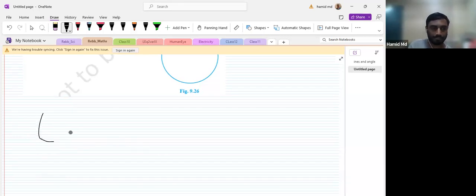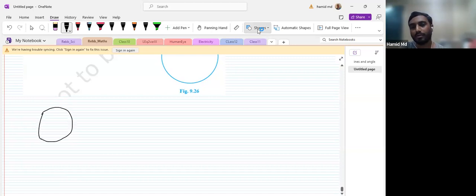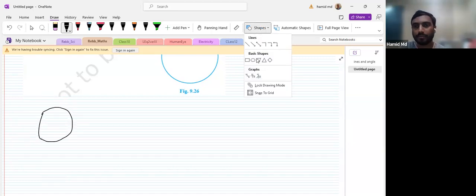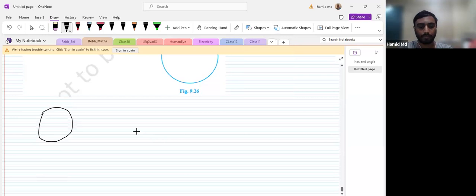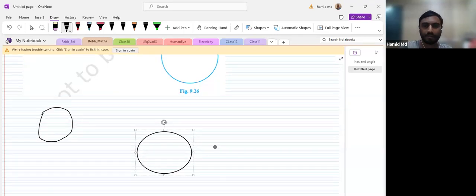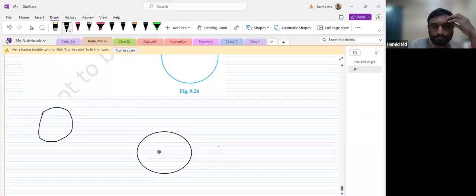Oh my God, this is a bad shape. So why not take a ready-made shape? Okay, this will work, surely. Now, this is the center. This is OA.